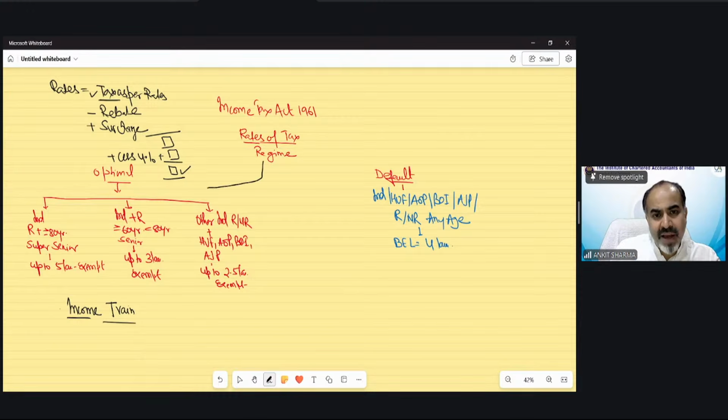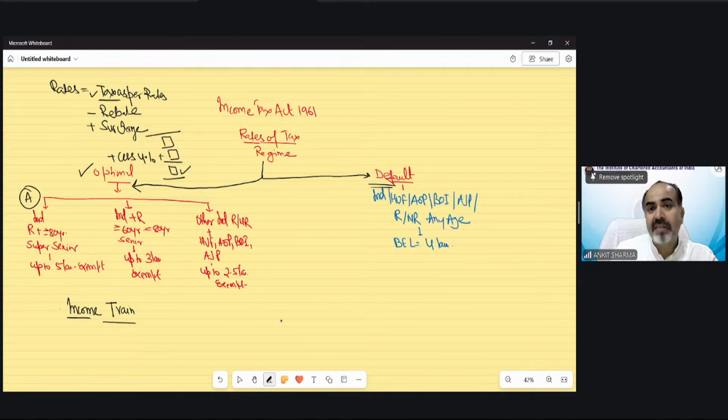Under income tax, we have two regimes, two systems, two options you can say. One is the default tax regime and one is the optional tax regime. Under the default tax regime, there are three categories.